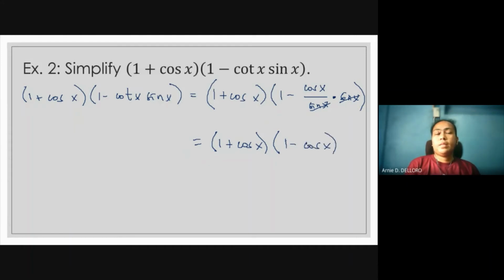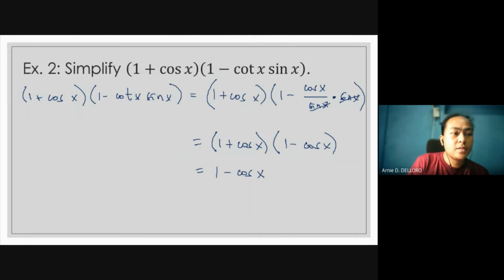Okay? So, ang gagawin natin dito, if you can still recall the FOIL method, pwede natin gamitan ng FOIL method itong identity na to or yung expression. So, 1 times 1 is 1. 1 times negative cosine x is negative cosine x.